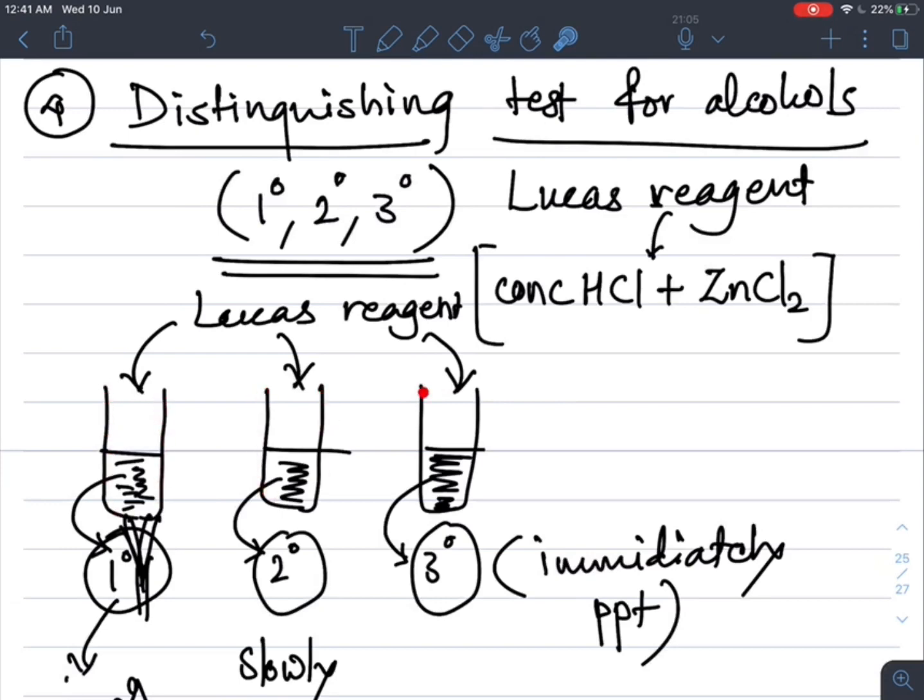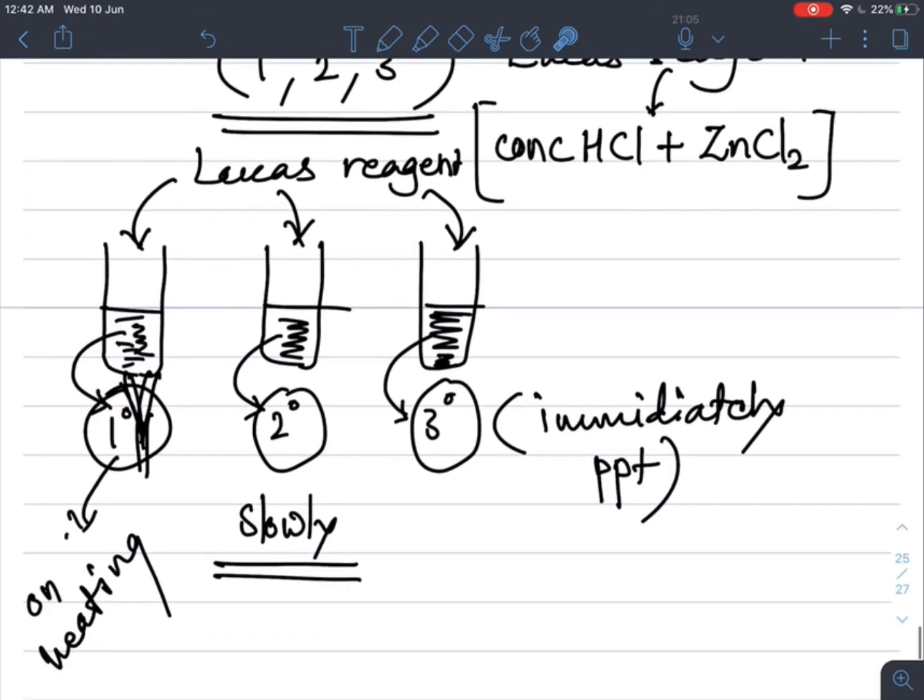See here, if we take three different aqueous solutions of primary, secondary and tertiary alcohol and treat them with Lucas reagent, in tertiary alcohol a precipitate forms immediately. We can identify the presence of tertiary alcohol. In secondary alcohol, the precipitate forms slowly, and in primary alcohol there is no precipitation, or the turbidity is observed only on heating. So this is the primary alcohol.